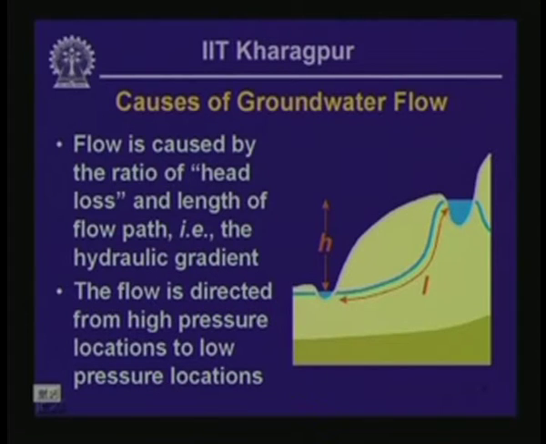So the hydraulic gradient that is going to trigger the flow of groundwater from the right side of this sketch to the left side of this sketch is going to be H over L, and that is the hydraulic gradient under which the flow is going to take place in this particular case.